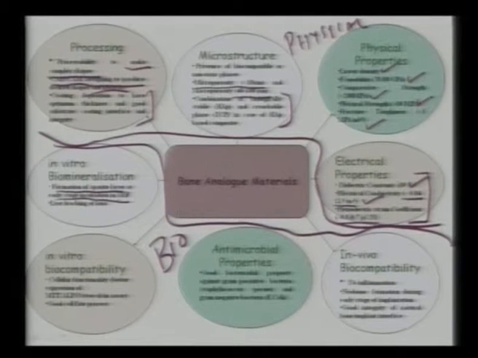Many times some biomaterials take 4 weeks before they can form a calcium phosphate rich layer. There are 2 or 3 types of materials, let's say A, B, C. Some material takes 1 week to form that calcium phosphate rich layer, another takes 3 weeks, another takes 6 weeks. But the first material, which takes 1 week to form the calcium phosphate rich layer, is highly biocompatible compared to the other 2 materials.